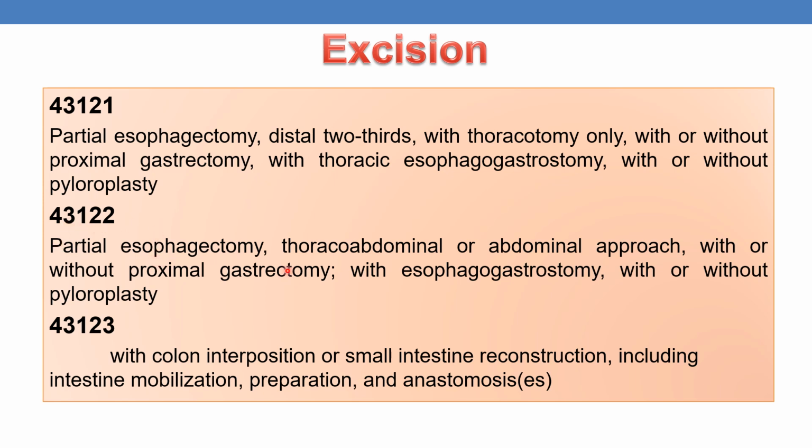It deals with partial esophagectomy, thoracoabdominal or abdominal approach, with or without proximal gastrectomy, with esophagogastrostomy, with or without pyloroplasty. And if it is done with colon interposition or small intestine reconstruction, including intestine mobilization, preparation, and anastomosis, the CPT is 43123.